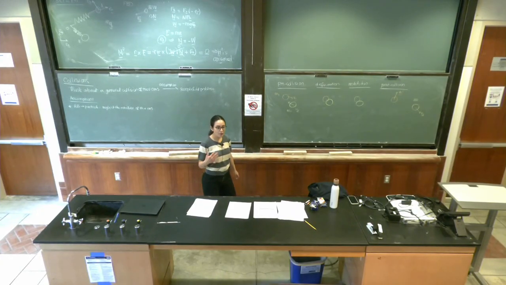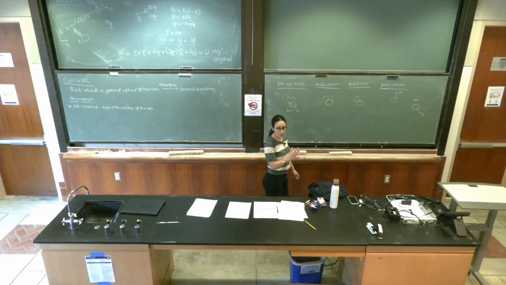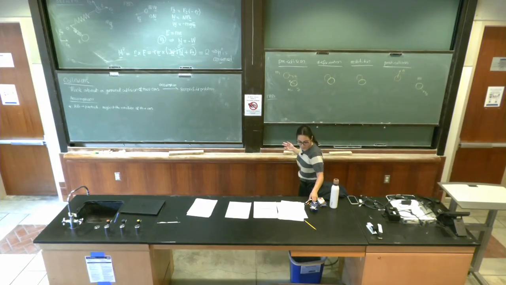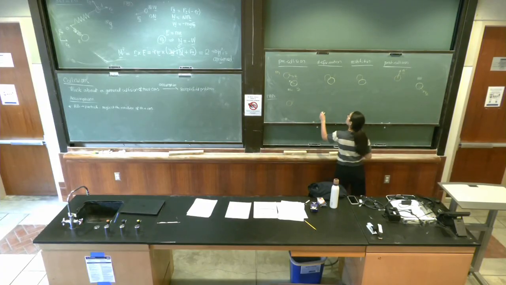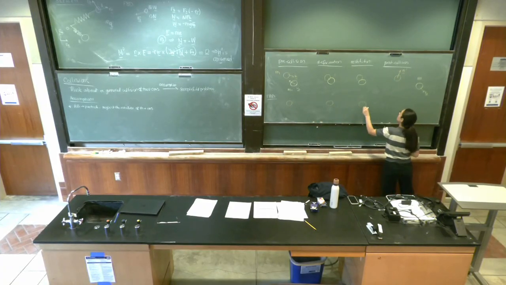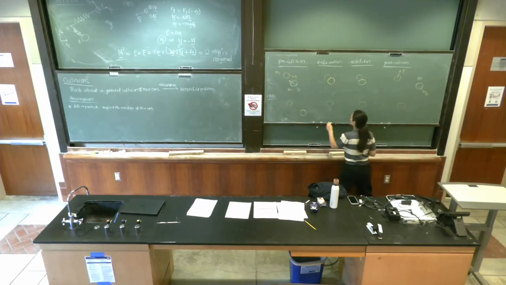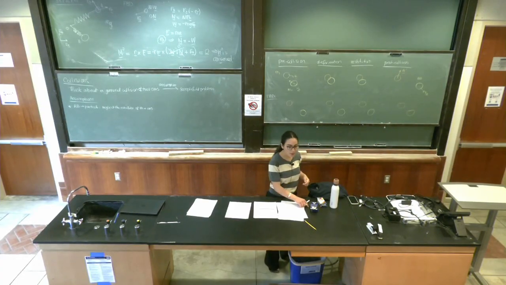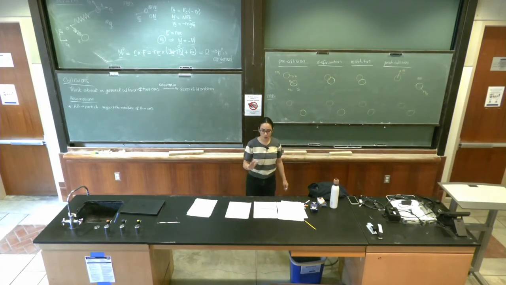Then we want to draw the free body diagram of each particle during all of these stages. So if I want to look at the FBDs, again, I'm going to draw the two particles. Okay. So I want to draw the free body diagrams of the particles in all these stages.